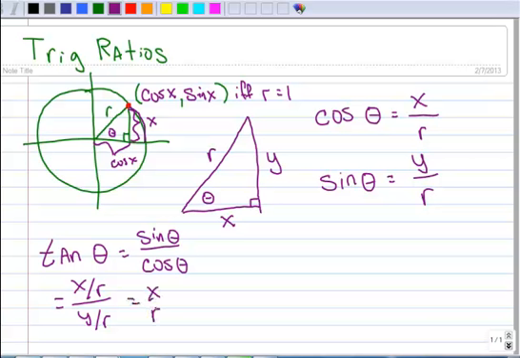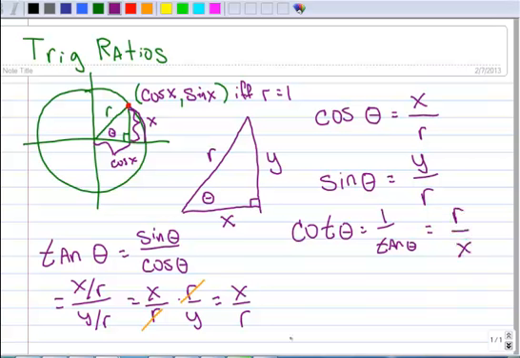And if I were to multiply those out, of course you see that your r's cancel, and you are left with y over x. And then the cotangent, well, that's 1 over the tangent. So you could just take the reciprocal of the tangent, and if you wanted to, the cotangent is the cosine of theta over the sine of theta, and you still get the same thing.